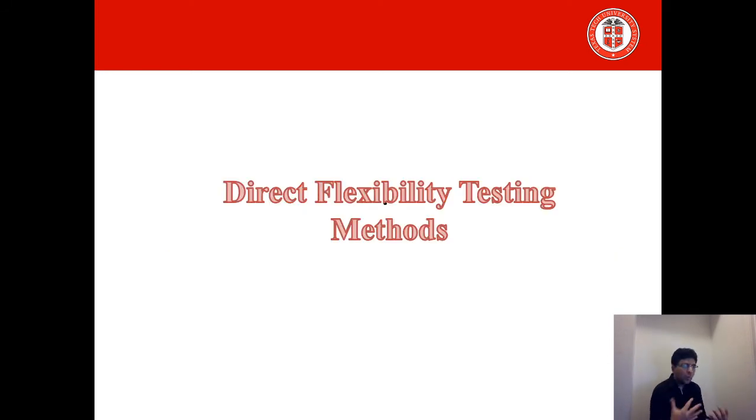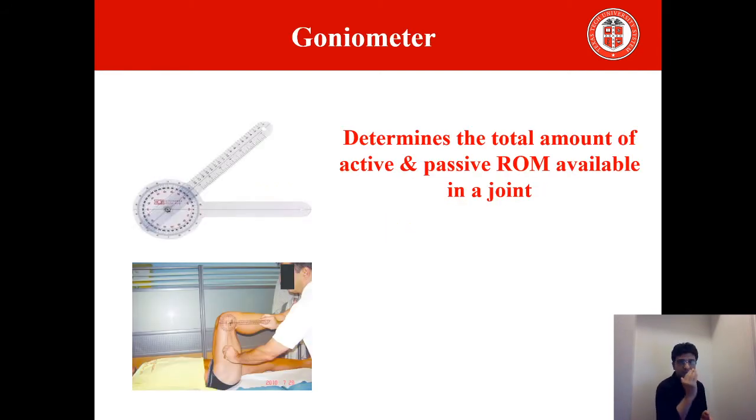Now, we can test joint flexibility either directly or indirectly. For example, if we talk about direct measurement, we use this instrument which is displayed on your screen. This is a goniometer. It determines the total amount of active and passive range of movement available in a joint.